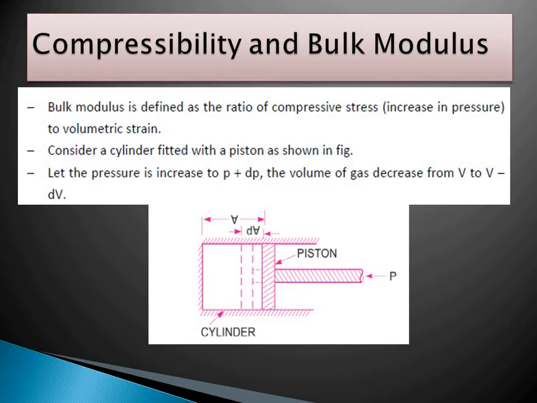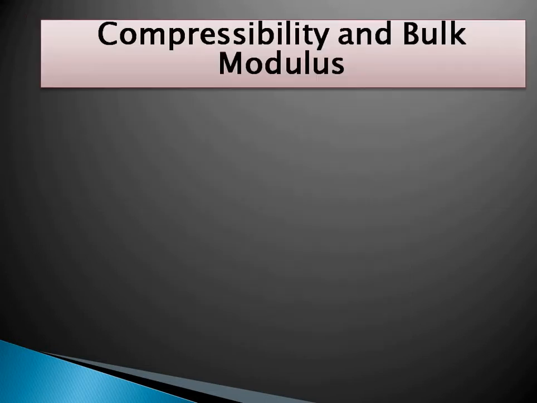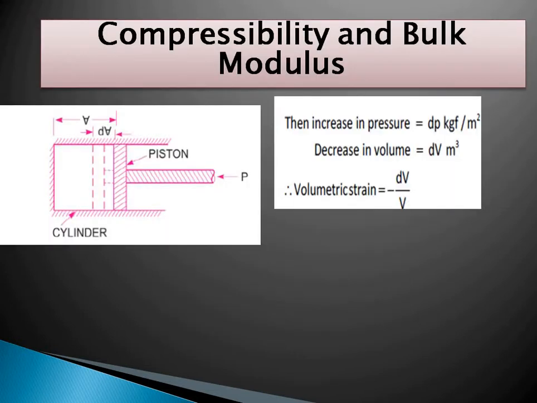Due to that, the pressure increases to P plus dP and the volume of gas decreases from V to V minus dV. Since pressure increases, the piston moves forward, and ultimately it results in a decrease in volume. So the increase in pressure is dP and the decrease in volume is dV.